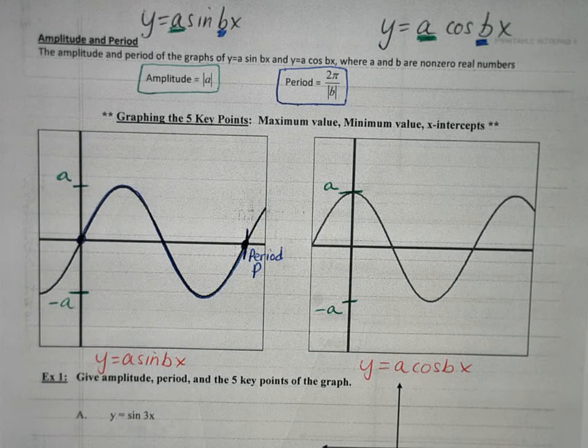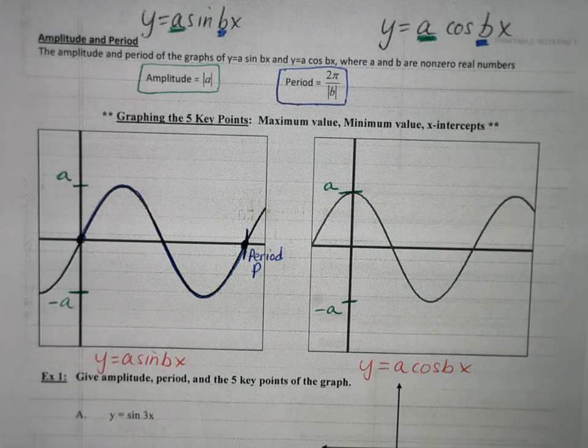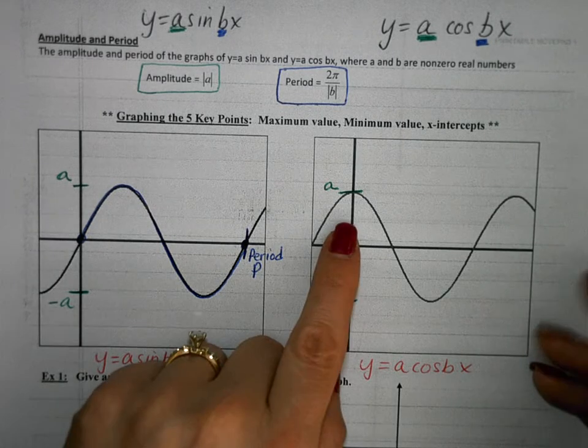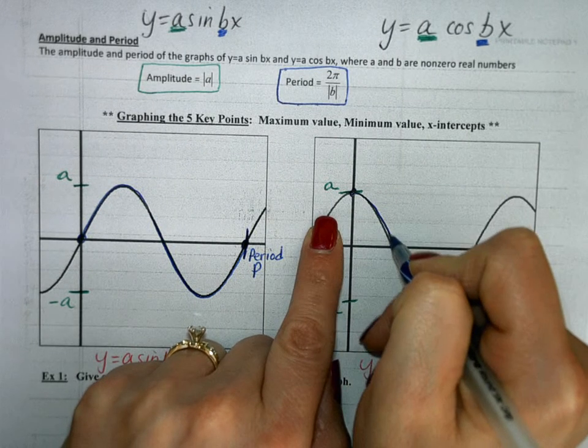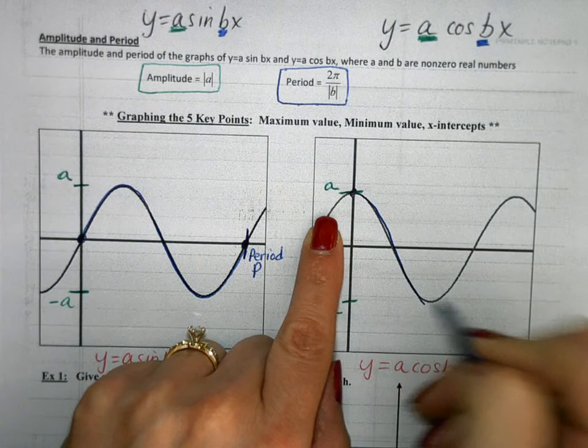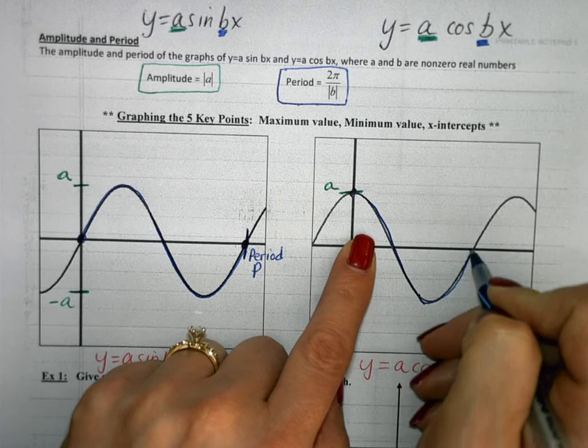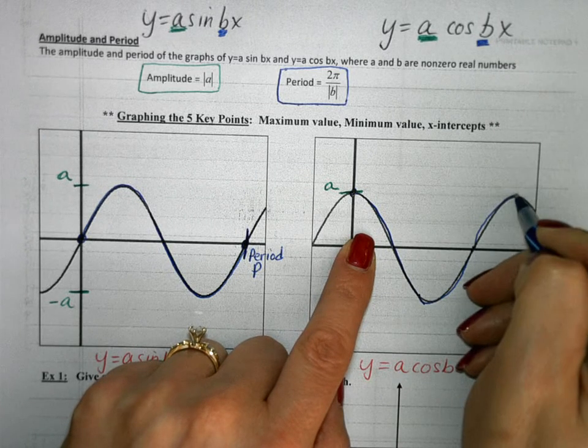All right. For cosine, cosine starts at the top, and it goes to the x-axis, then it goes all the way to the bottom, then it goes back to the x-axis, and it goes all the way to the top.